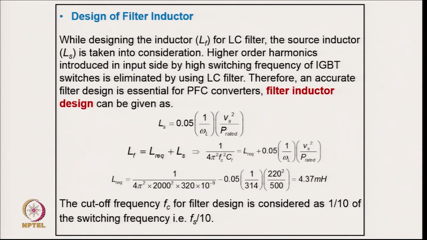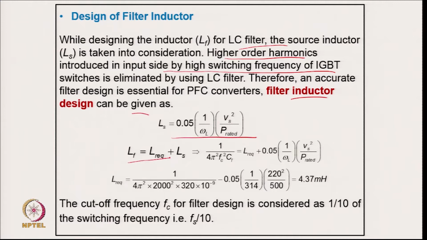Now, coming to the design of the EMI filter inductor. While designing the inductor for this LC filter, the source inductor is taken into consideration. Higher harmonics on the input side, due to the switching frequency of the switching device, are eliminated by using the LC filter. Therefore, an accurate filter design is essential for a power factor correction converter, and the filter inductor is calculated from this relation.